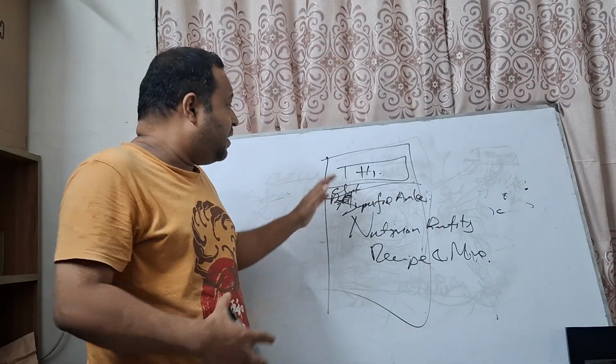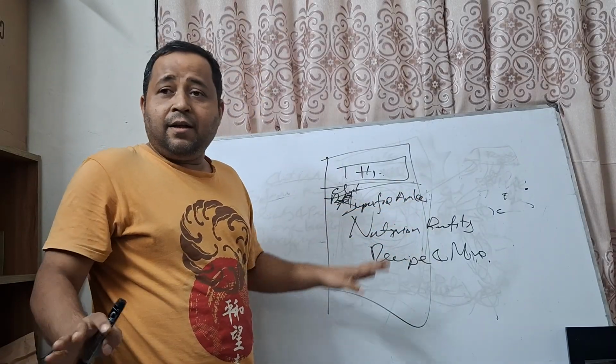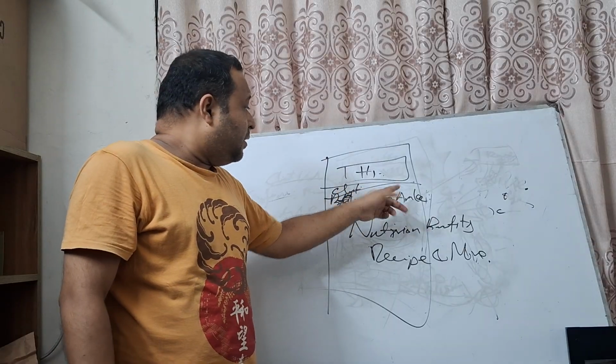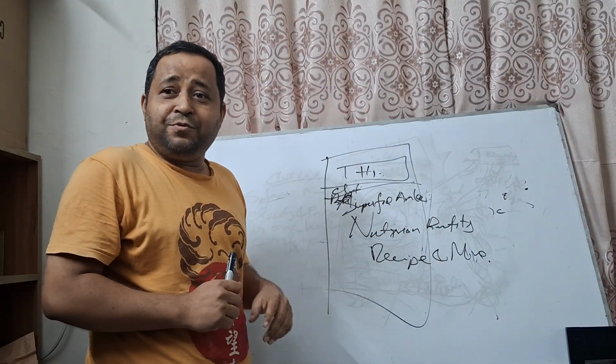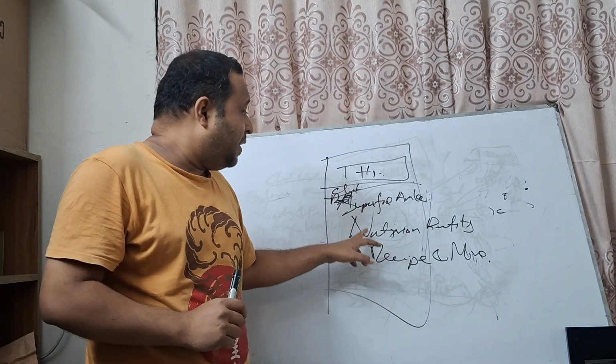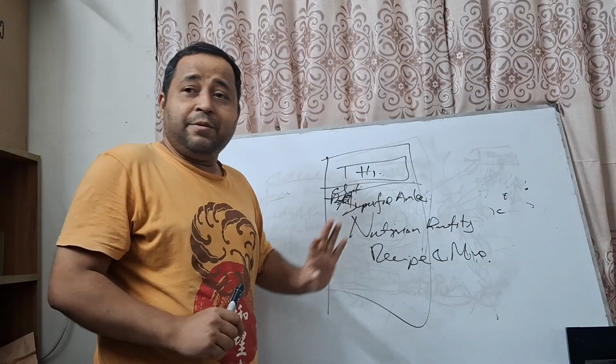If you write content based on amla, then amla is the entity and the attribute is superfood. Superfood amla, nutrition, benefits, health benefits, and recipe and more.